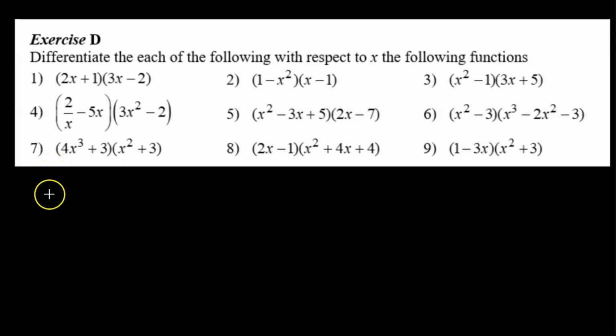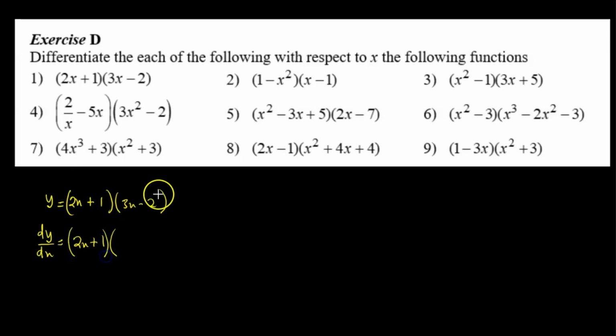If I consider question number 1, if y is equal to 2x plus 1 multiplying 3x minus 2, so dy dx will be equal to maintaining the first function, which is 2x plus 1, then multiplying it by the derivative of the second function. So this is my u and that is my v.